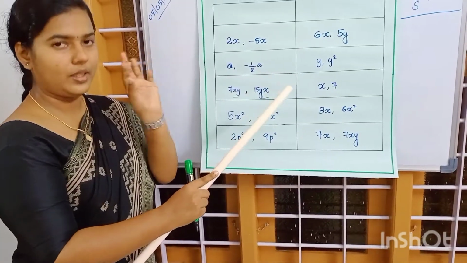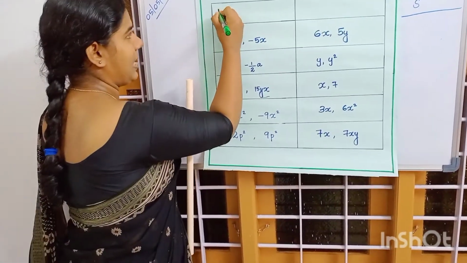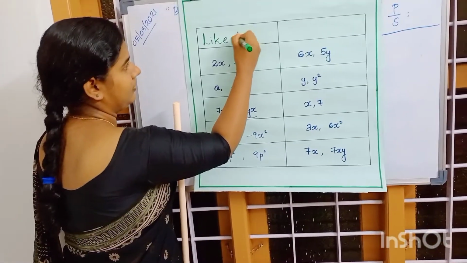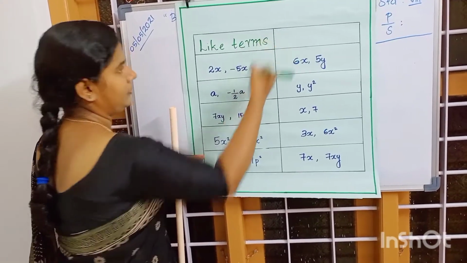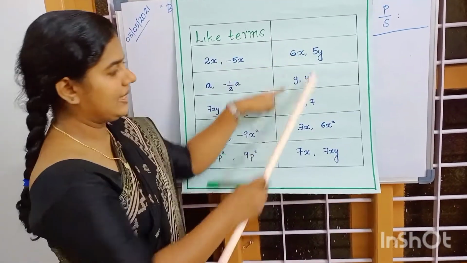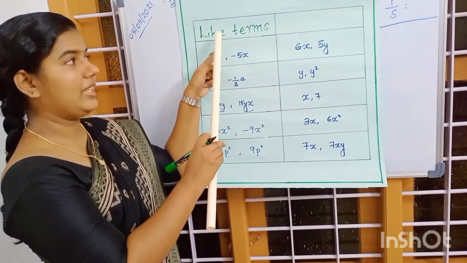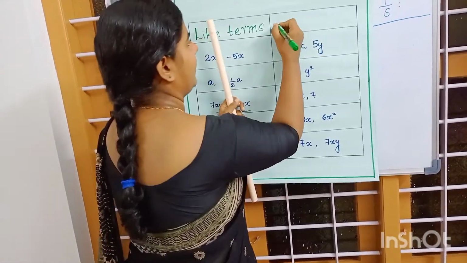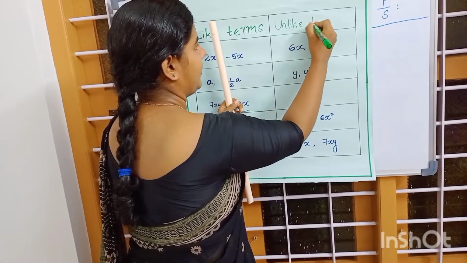So, we use the term like. So, let's name this set as like terms. What about this set? Yes, if this is like terms, this will be unlike terms.